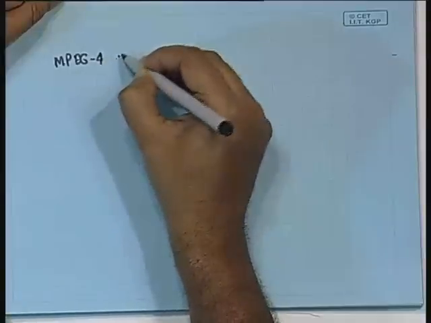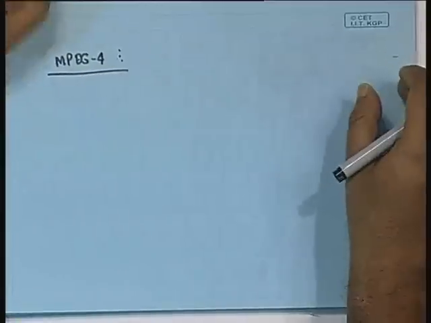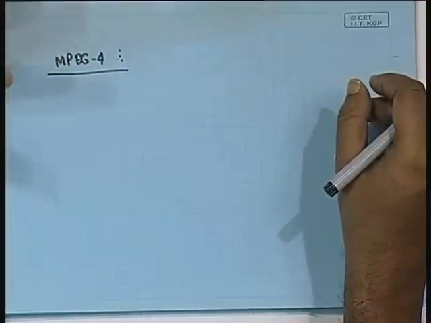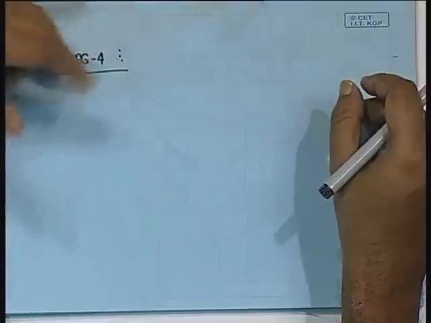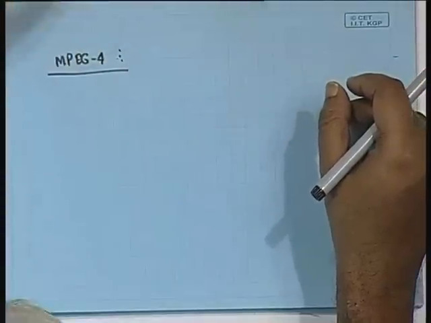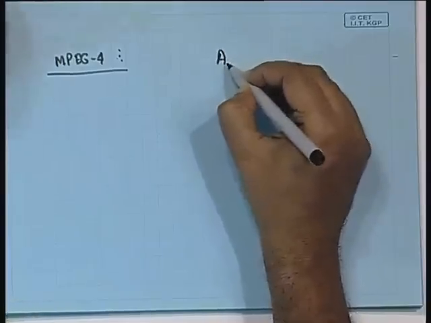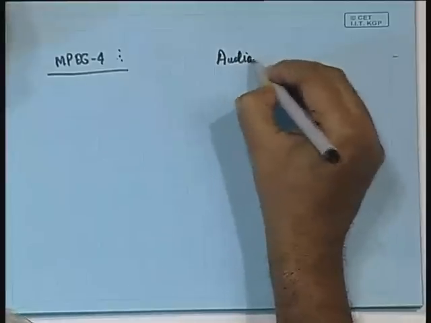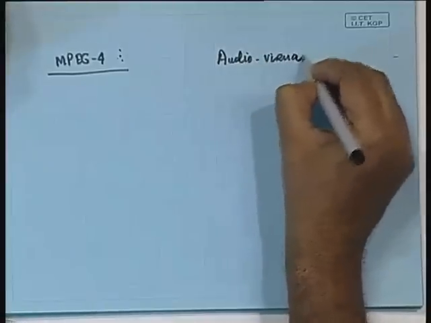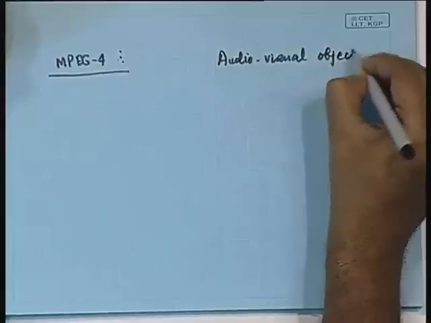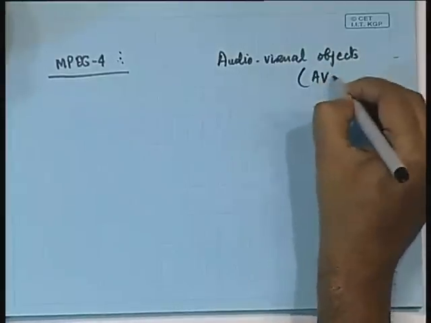So in the MPEG 4 audio, as I also made a brief mention while discussing the video coding, MPEG 4 is a standard that goes in for the object oriented coding, and there the encoding is done on the basis of audio visual objects, or what is known in short form as the AVOs.